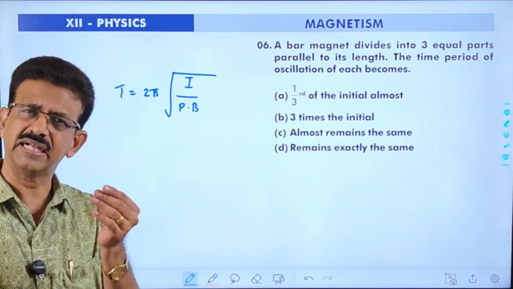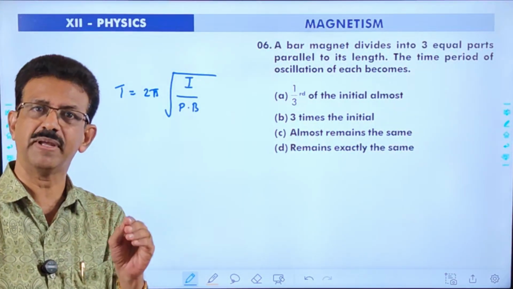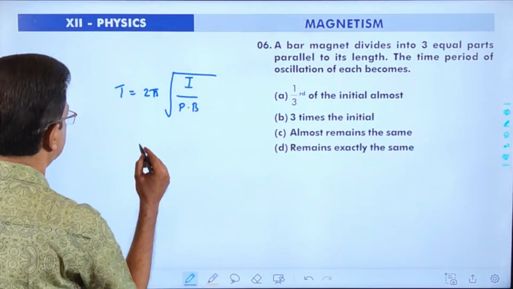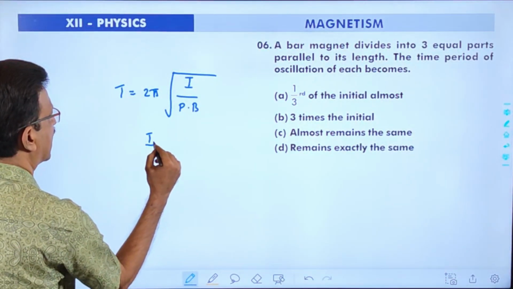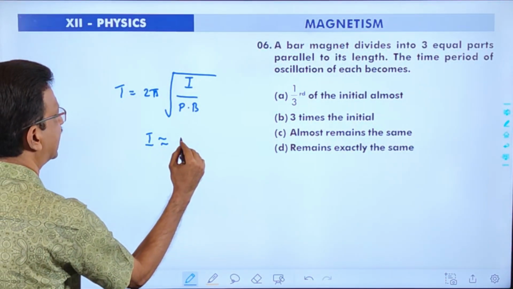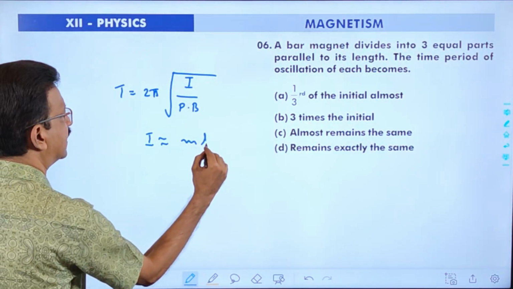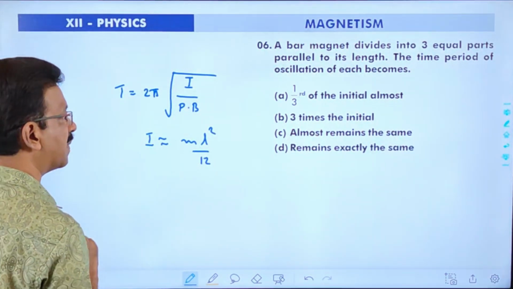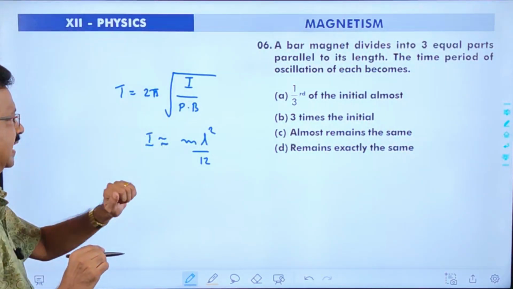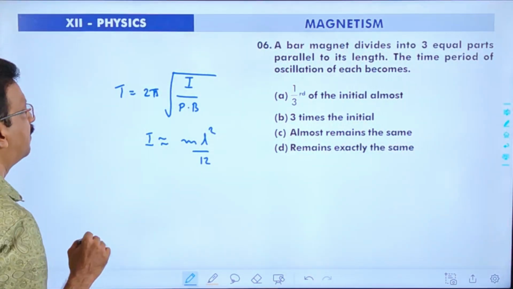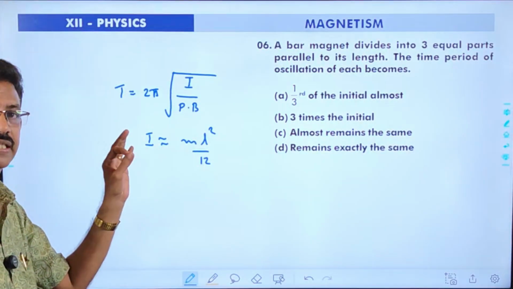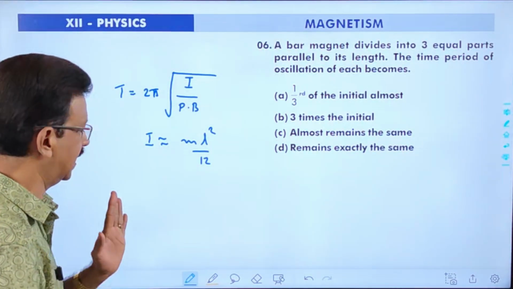For a bar magnet, this I can be approximated as ml square by 12. Here m is the mass of the bar magnet, P is the magnetic moment, and B is the externally applied field or flux density of the externally applied field.